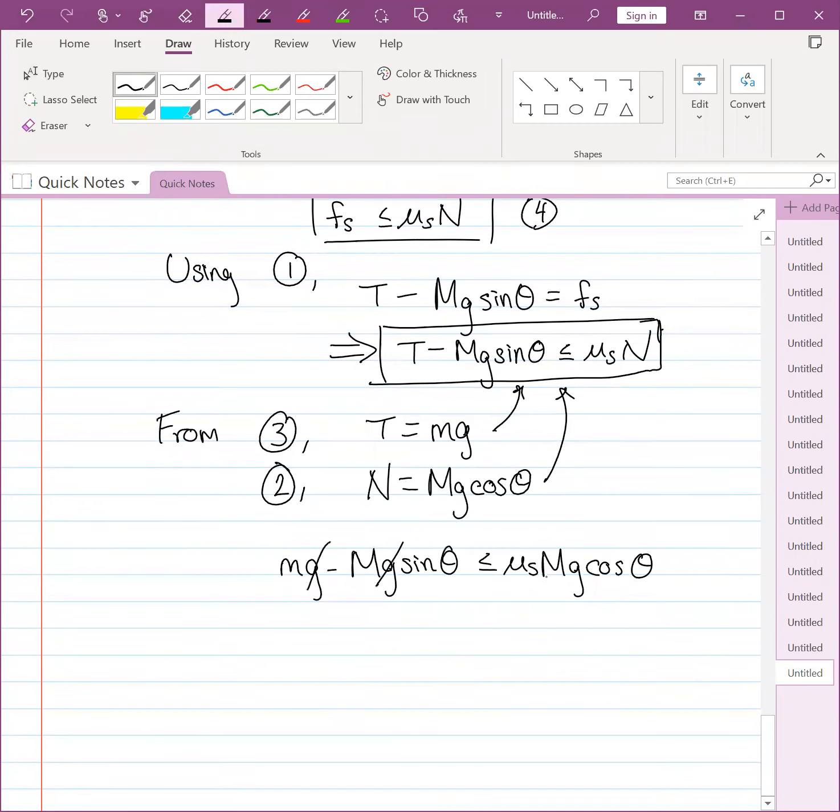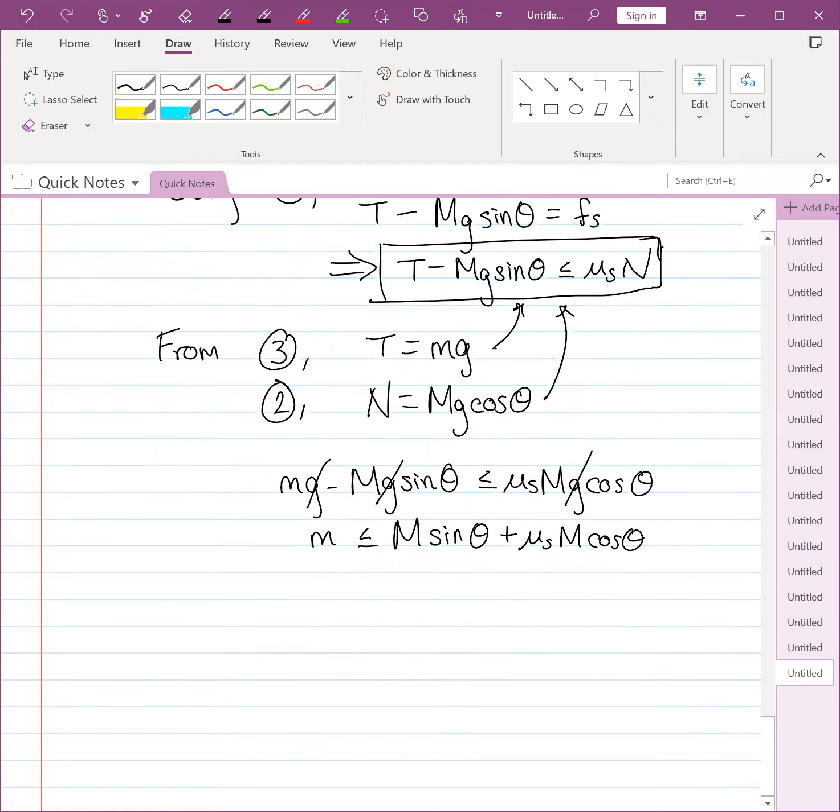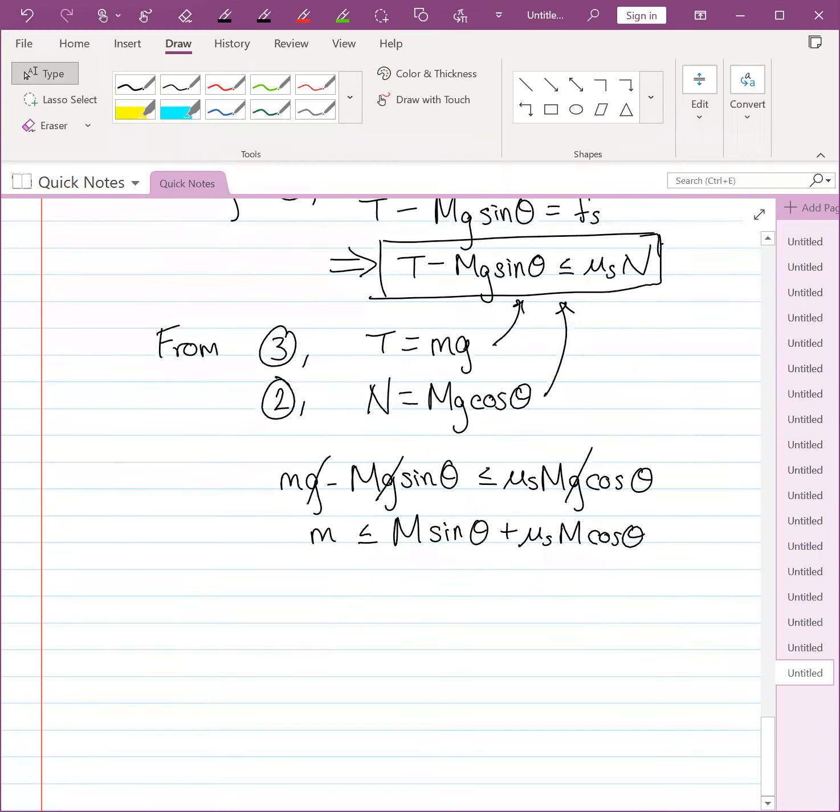So let's cancel out the g's. Let's isolate little m just to make it easy. So we have m is less than or equal to capital M sine theta plus mu sub s capital M cosine of theta. And then we can factor: m is less than or equal to capital M times sine theta plus mu sub s cosine theta.